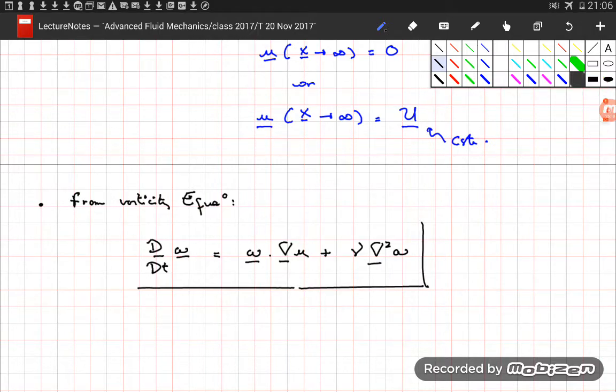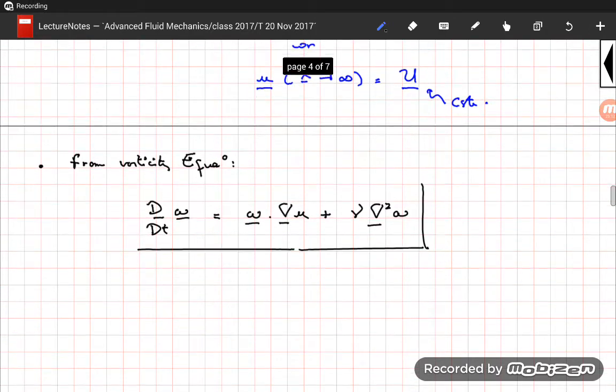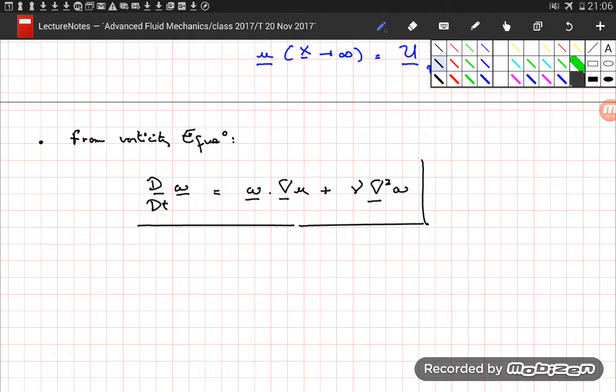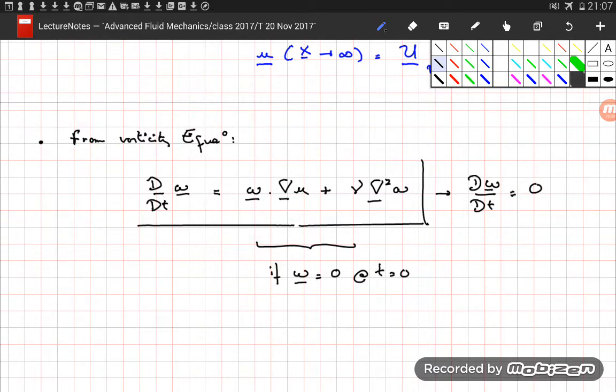So from this equation, we see that if we assumed that the flow was irrotational at time equals 0, so if we assume that the vorticity is equal to 0, say at time t equals 0, then this equation becomes the material derivative of the vorticity is equal to 0. And therefore, vorticity is only transported, right?